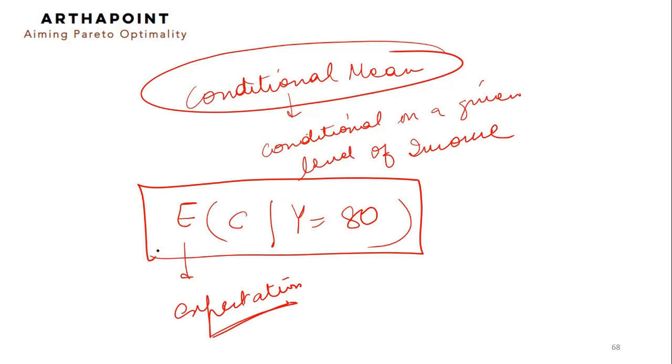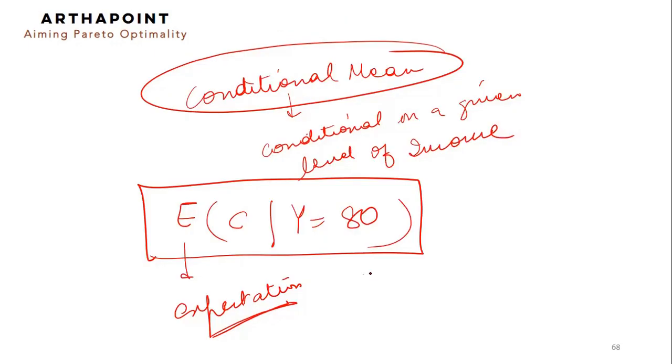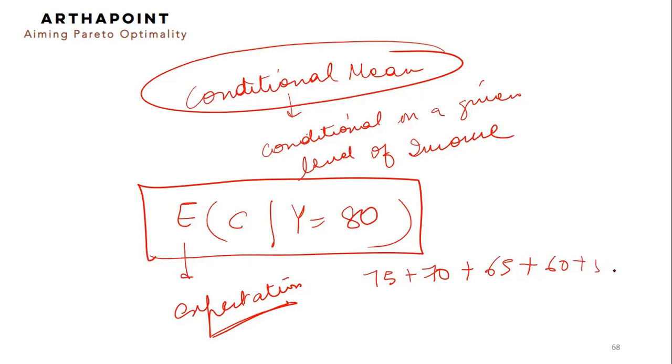So now it's simple. Given that the income level is 80, there were only 1, 2, 3, 4, 5 families whose income level was 80. What is the average consumption then? It would be 75 plus 70 plus 65 plus 60 plus 55 divided by 5.